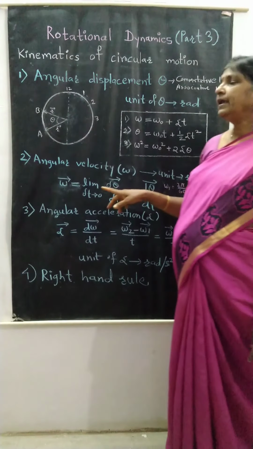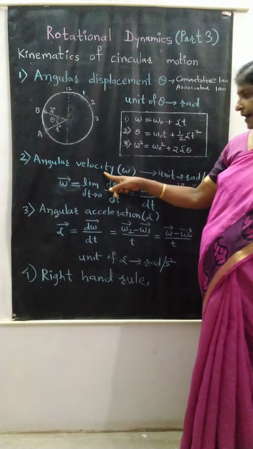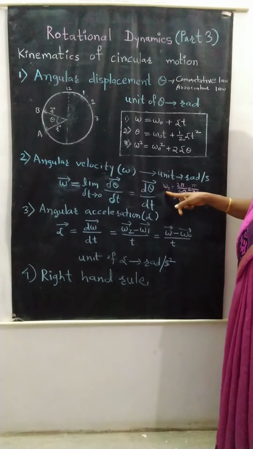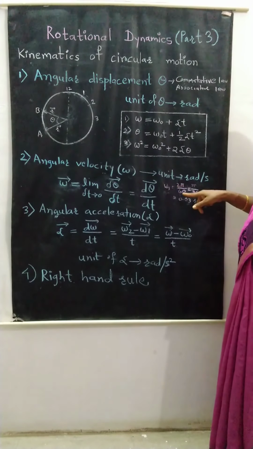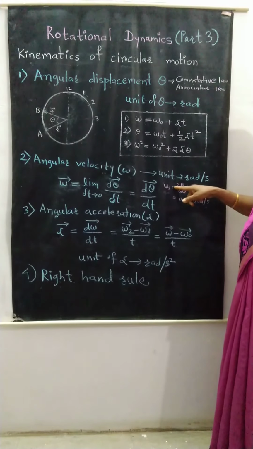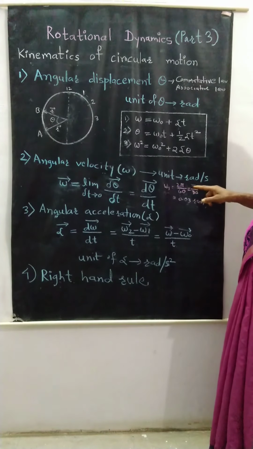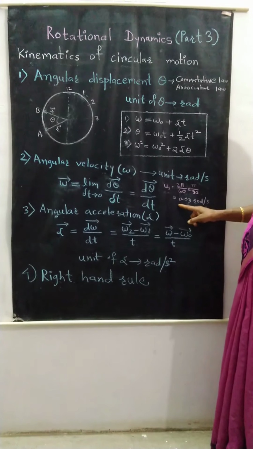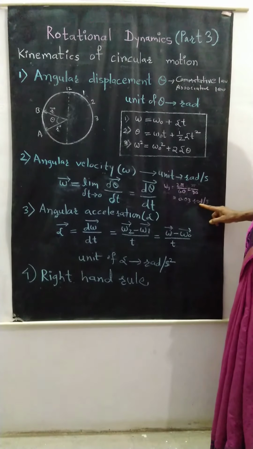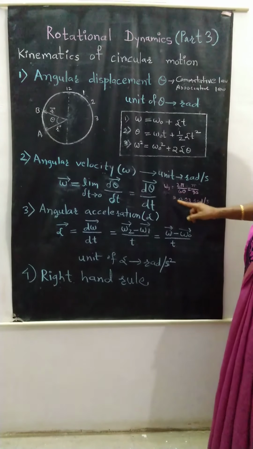Therefore, to calculate the angular velocity of the second hand, we take the angular displacement upon the time required, that is 2 pi upon 60, which is pi upon 30, and it comes out to be 0.03 radian per second. So this is the angular velocity of the second hand.